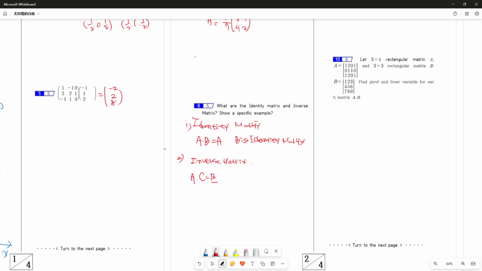That is, B is the identity matrix for A. In that case, C is the inverse matrix for A, but B is the identity matrix.